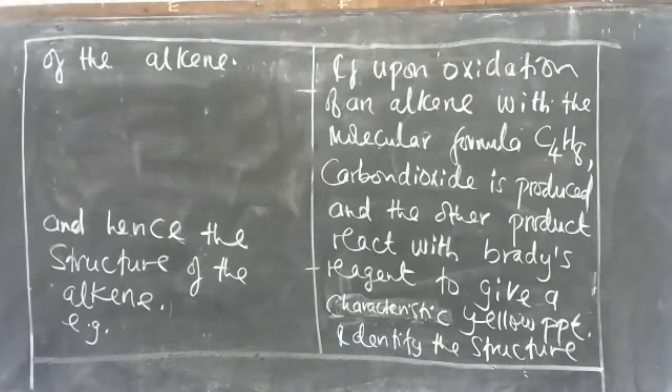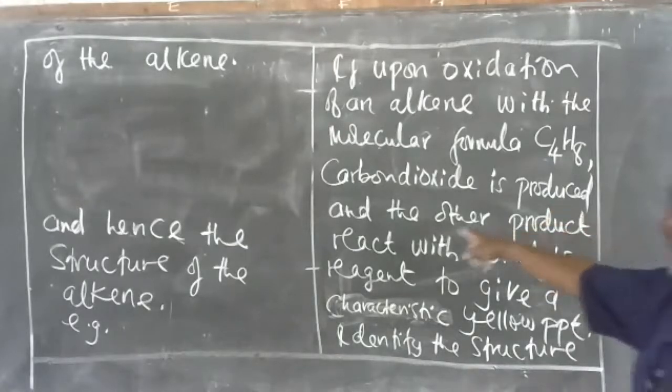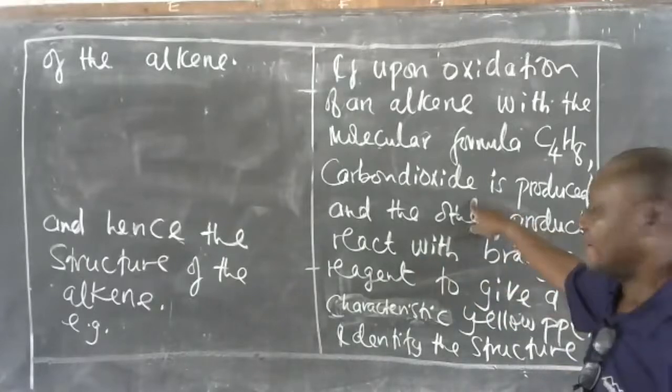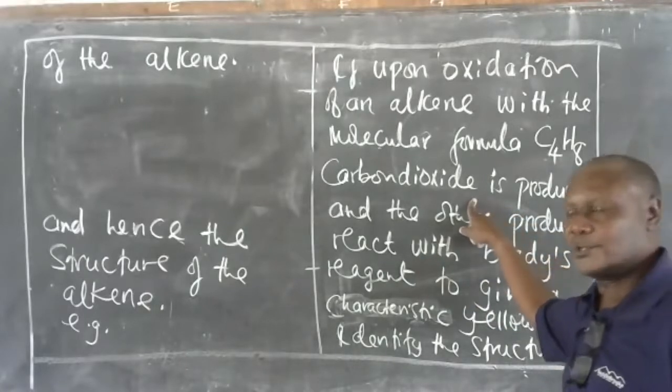From what I've been discussing, carbon dioxide comes from where? What type of carbon gives carbon dioxide? It comes from the terminal double bond.